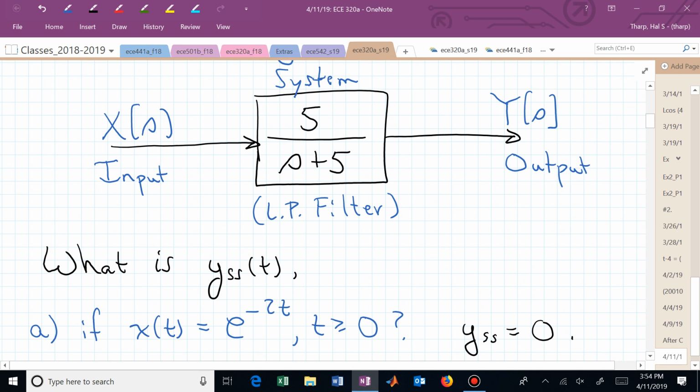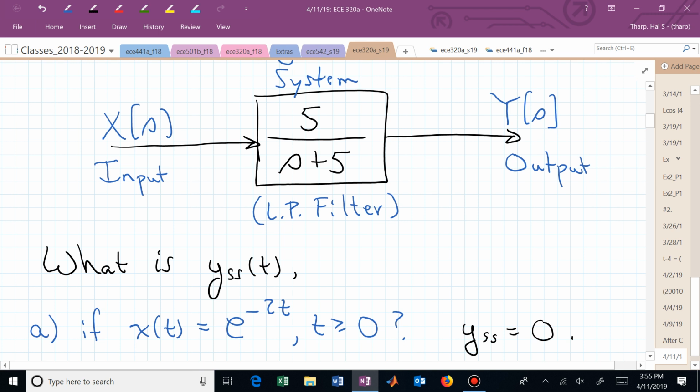What do we have? We have a constant that we're applying to a system. What's the impulse response of that? Go back to your convolution. And you say, what happens when I low-pass filter a constant? That was one of your supplemental videos to look at, or to examine. What happens when you low-pass filter a constant?